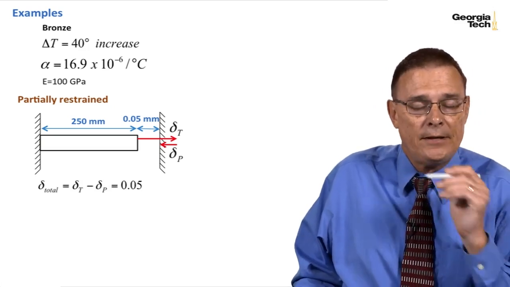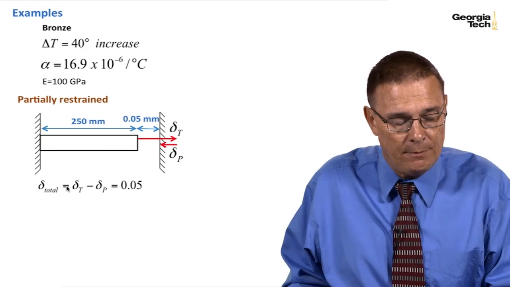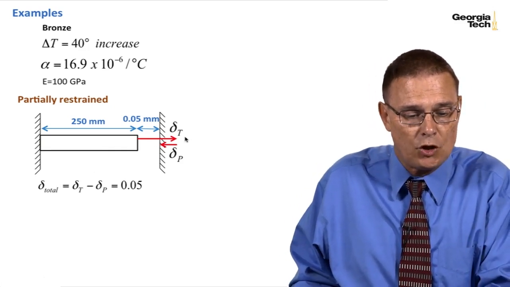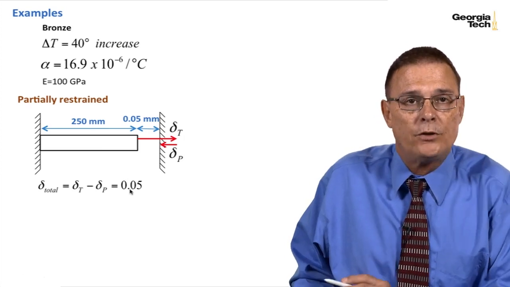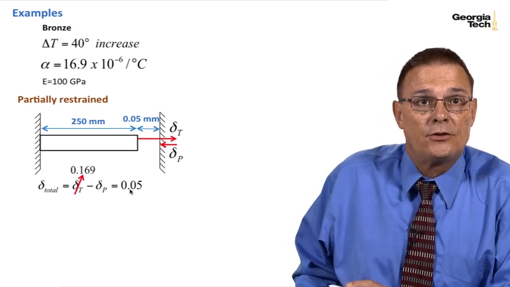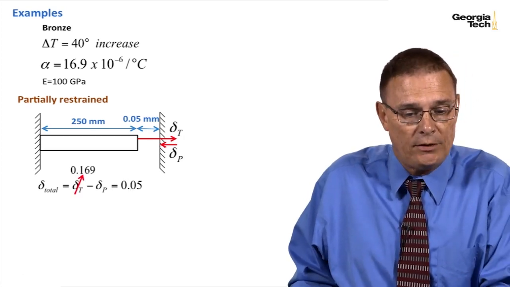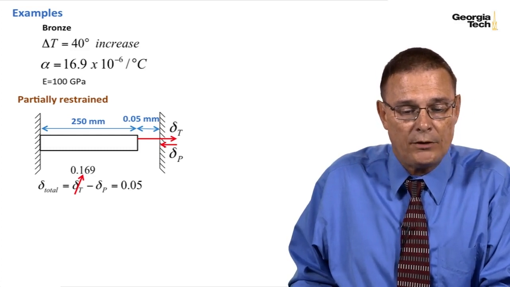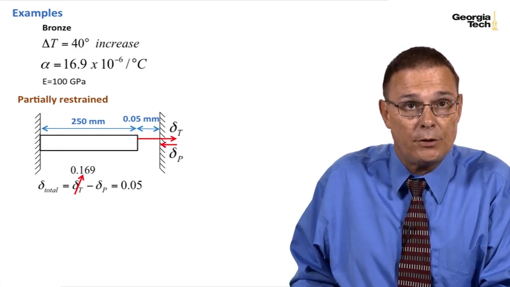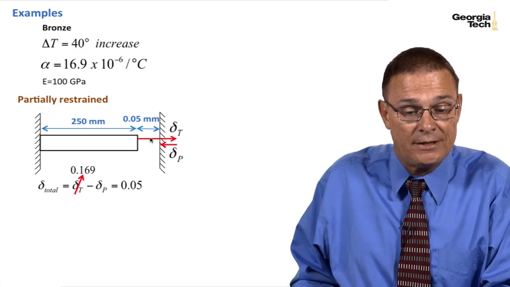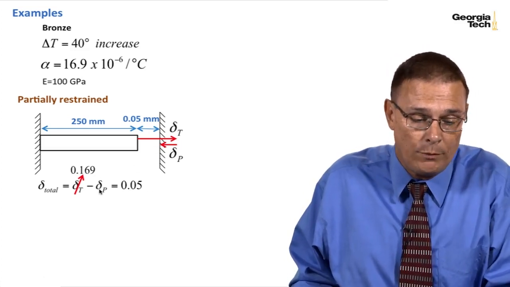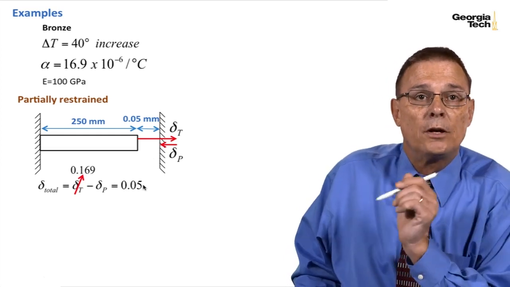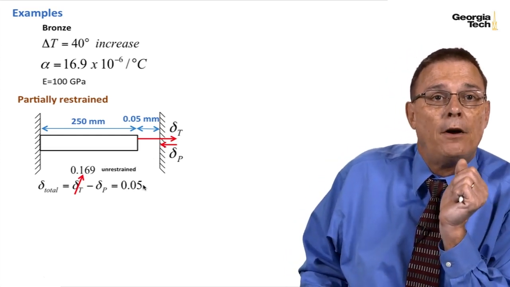And so in this case, my total deformation is the deformation due to temperature change minus the deformation due to the normal force, and it has to equal 0.05 millimeters. And so we already calculated what the deformation would be due to the temperature expansion, and that was 0.169 if it was unrestrained, but then we've got to have a normal force that brings it back to a complete deformation of 0.05.